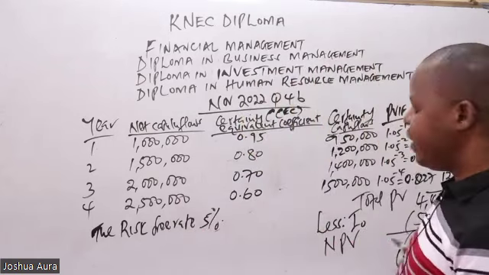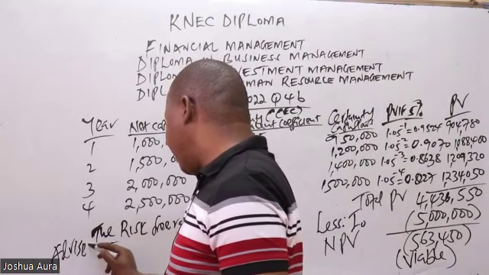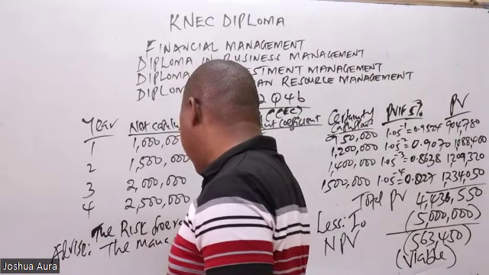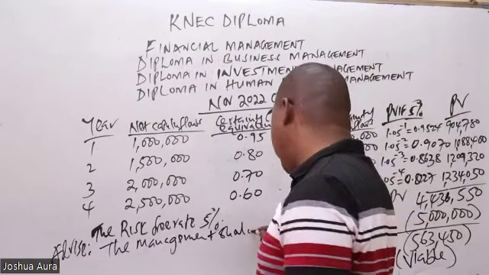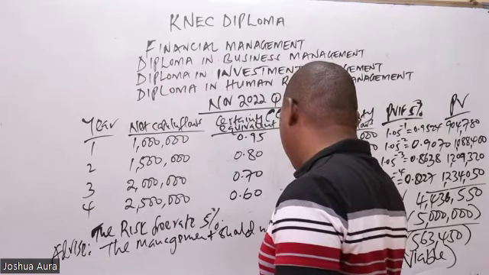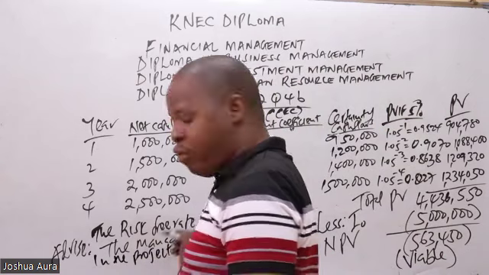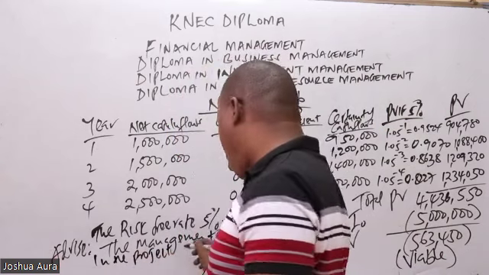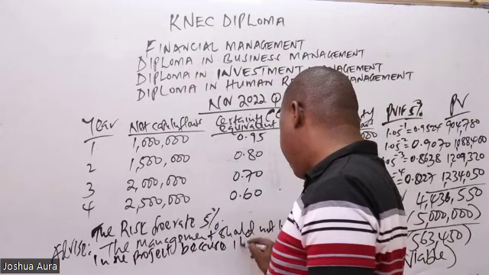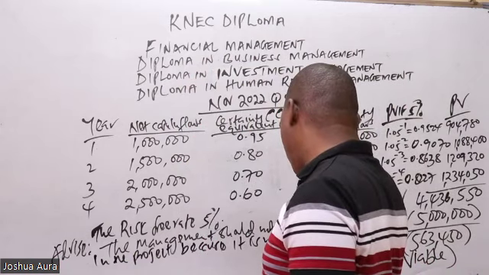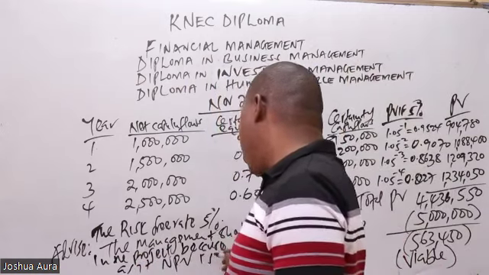Because the NPV is negative, the management should not invest in the project, because it is not viable, as its NPV is negative.